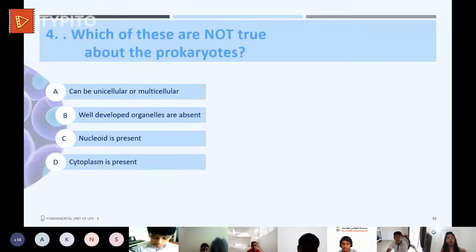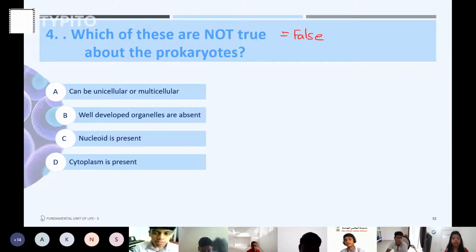Which of these are not true about prokaryote? Not true means false. Prokaryotes can be unicellular or multicellular. Developed organelles are absent. First you tell me, which one is false? Ma'am, option A. Ma'am, it can only be unicellular.